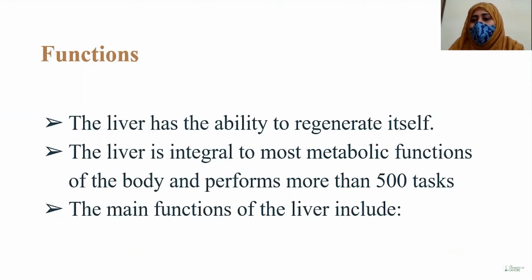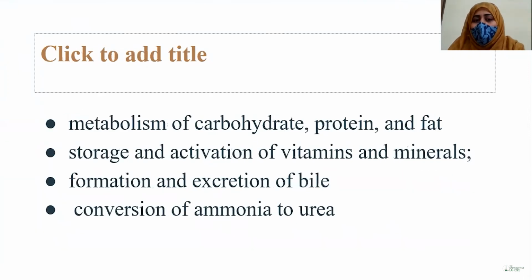The main functions of the liver include metabolism of carbohydrates, proteins, and fats. As we know, carbohydrate is the major source of energy. The liver also stores and activates vitamins and minerals, forms and excretes bile, and converts ammonia into urea.